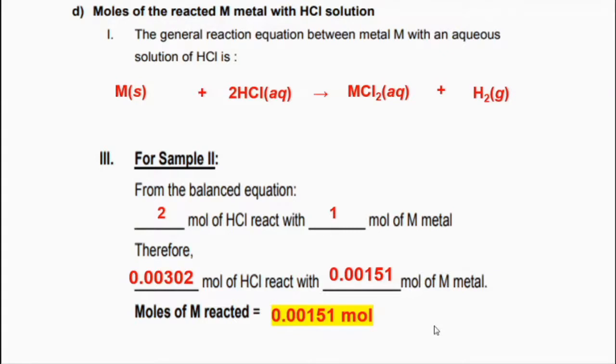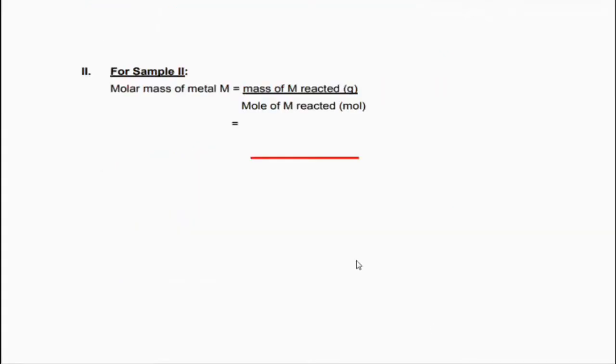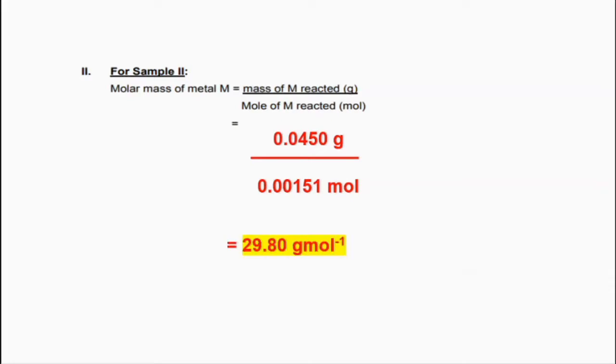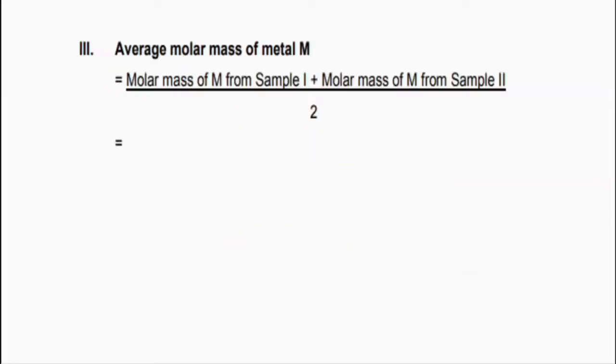Then we determine the molar mass of metal M for sample 2: the mass of M is 0.0450 grams divided by 0.00151 mole, and we get 29.8 grams per mole.